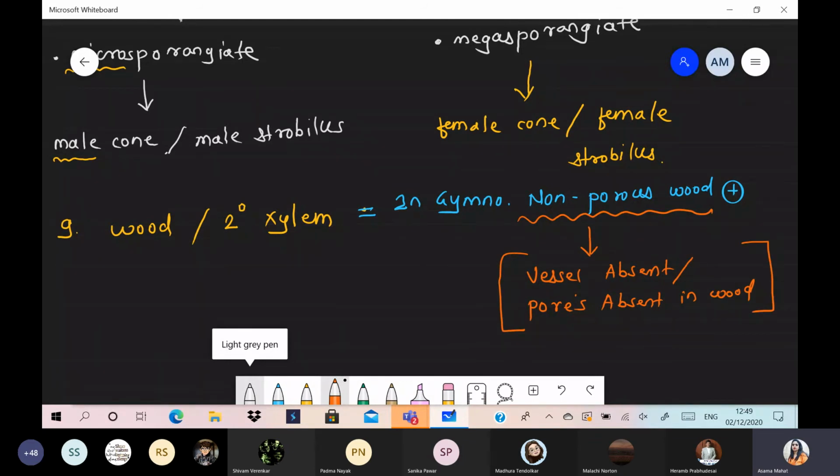Porous means pores are present. When will pores be present? If there is a well-developed water conduction system, because water can pass from one place to another via those pores. But in most gymnosperms, vessels are absent. Forget the exception cases, because that is only 3 examples. Most gymnosperm wood, also called secondary xylem, is non-porous. Non-porous means pores are absent, because vessels are absent.